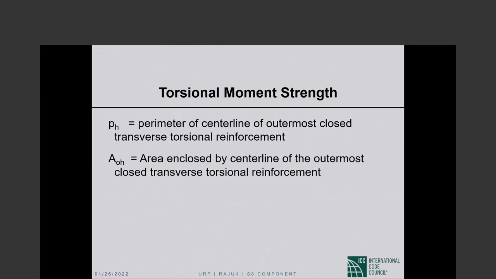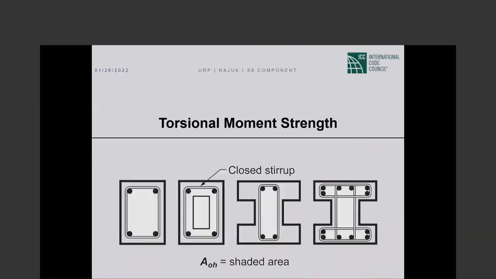Here, P sub h is the perimeter of the center line of the outermost closed transverse torsional reinforcement. A sub 0 h is the area enclosed by that perimeter, the center line of the outermost closed transverse torsional reinforcement.